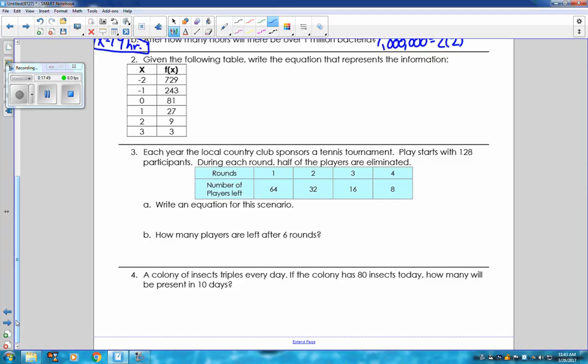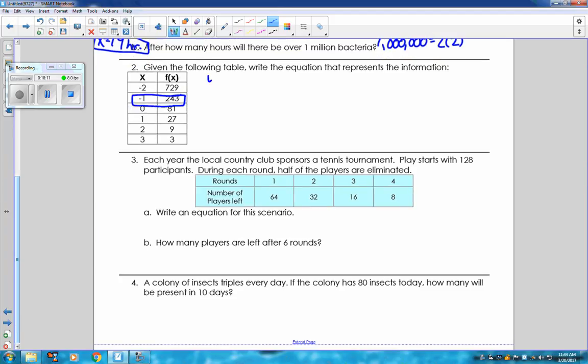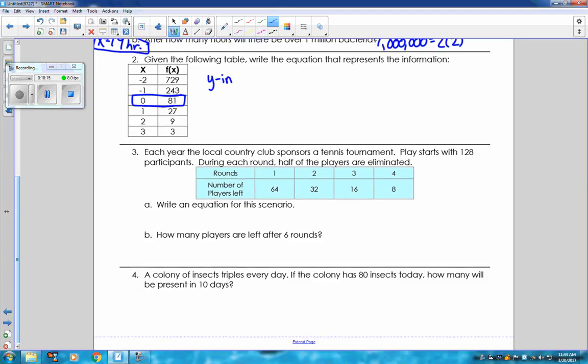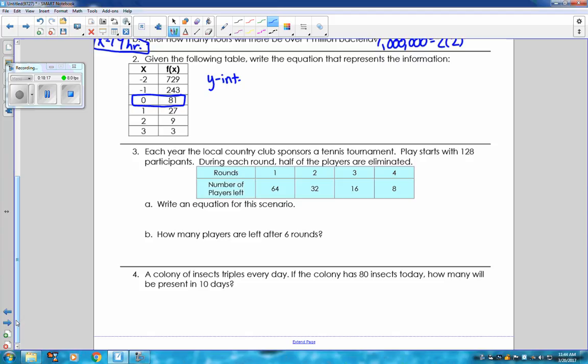First thing I have to know, what is my y-intercept? 81. So my y-intercept is 81.